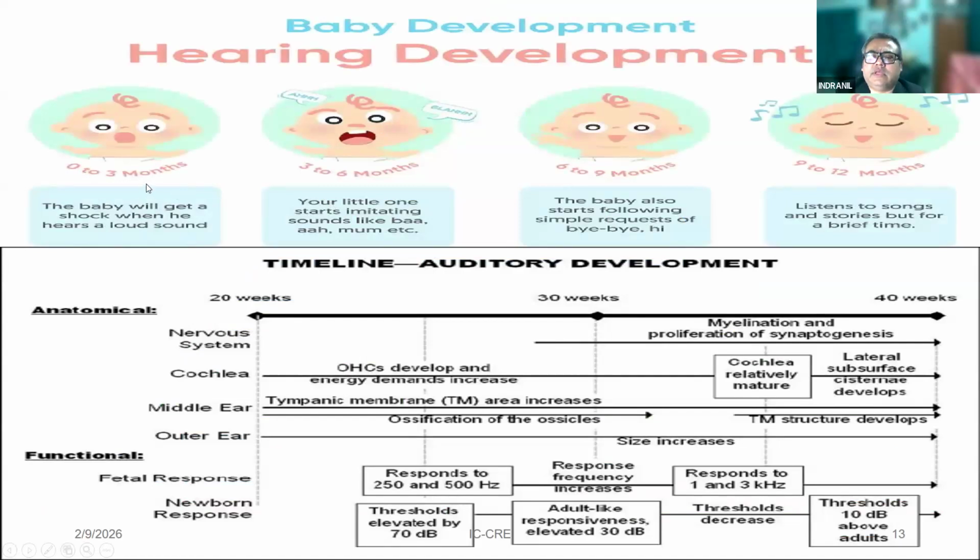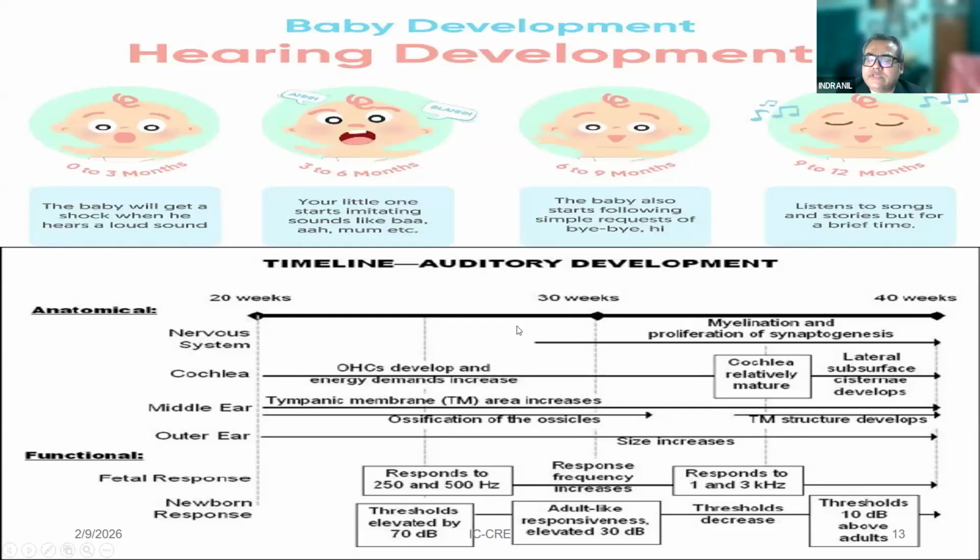Then at 3 to 6 months, your little one starts imitating sounds like ba, ah, mom, and gradually starts babbling. At 6 to 9 months, they can use a lot of bilabials, babbling, and also canonically duplicated babbling, so da da, ta ta. At 9 to 12 months, they start saying words and word-like utterances, like first idiomorphs, then words.